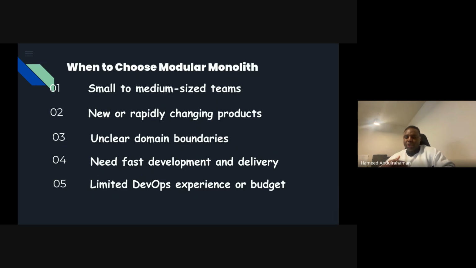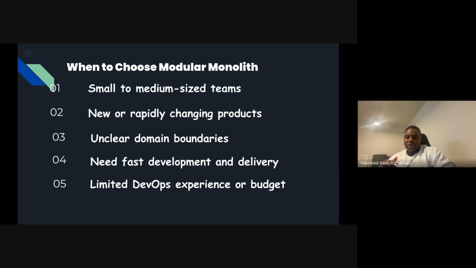So if you're shipping a new feature, it's important to understand how quickly you want your feedback and how well you understand the domain, in order to pick the right architecture. And monolithic is very good for testing the hypotheses that you might have. If you need fast development and delivery, you would want to choose monolithic so you can easily develop a feature.